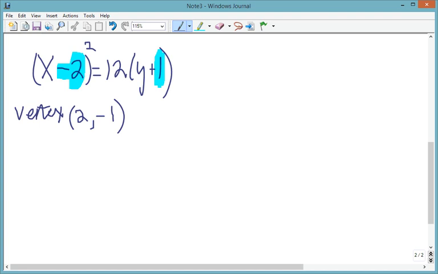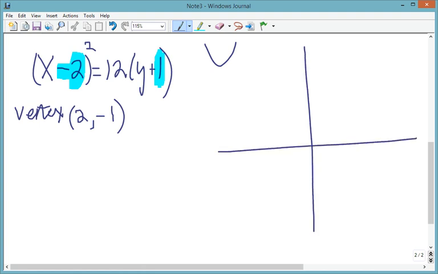I notice it's still the basic form of x squared equal to some positive number, right? So I still know that it opens up. It's just that it opens up starting at (2, -1). All right, so that's the vertex.